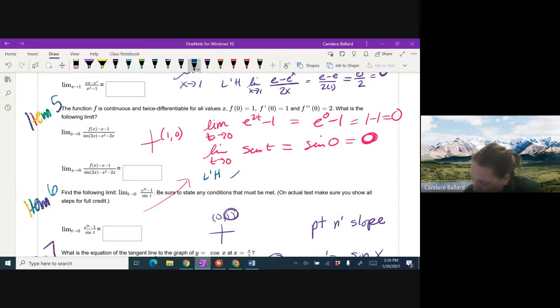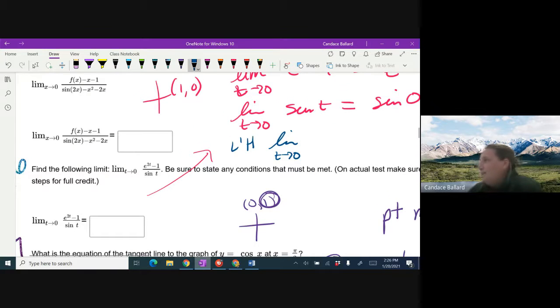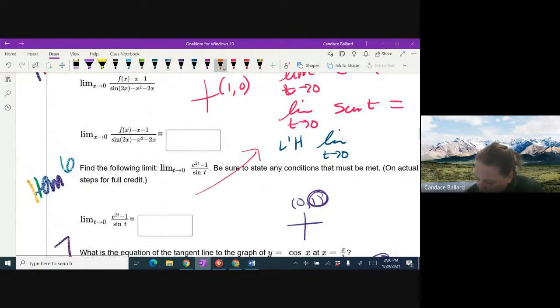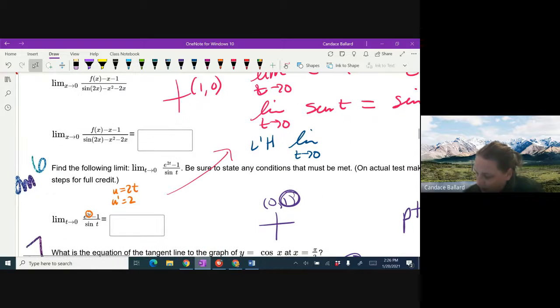So we're going to do the limit as, what rule am I going to need here? What rule is popping in? Ah, yes. Chain rule. Okay. So we've got u equals 2t. That means u prime equals 2. If I'm looking at this derivative, it's e to the u.